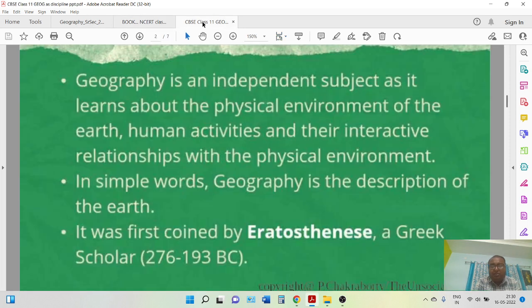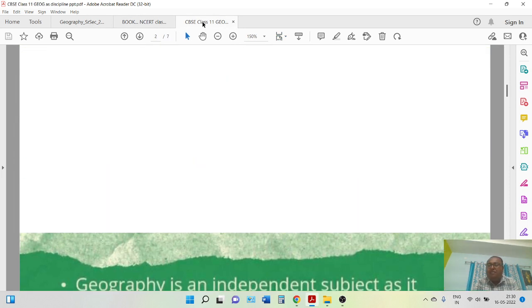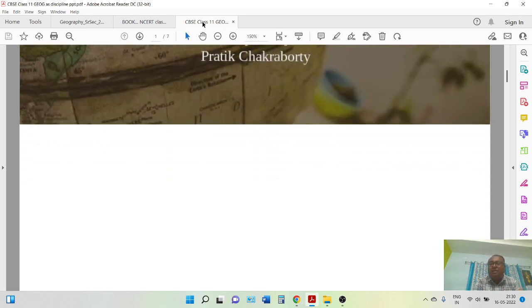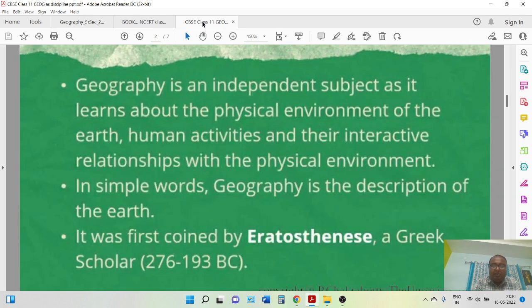My first question to you is, whenever you say geography, what first hits your mind? What comes first? Geography is an independent subject as it studies the physical environment of the earth, human activities and their interactive relationship with the physical environment. Physical environment means what?